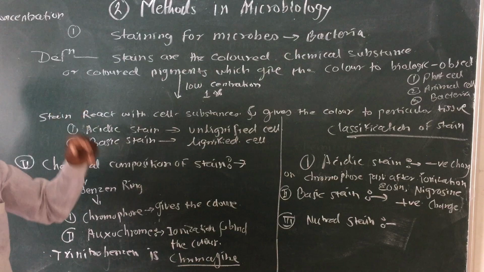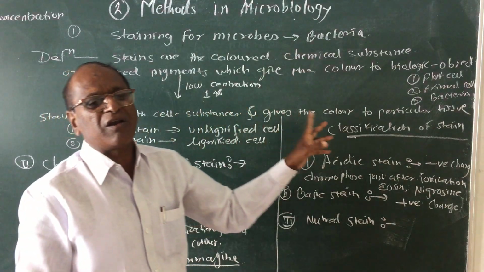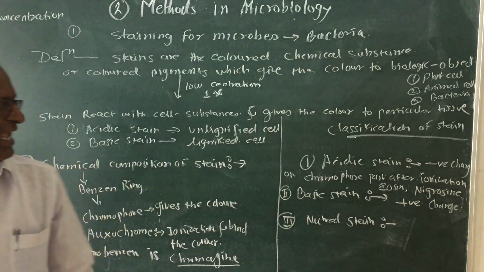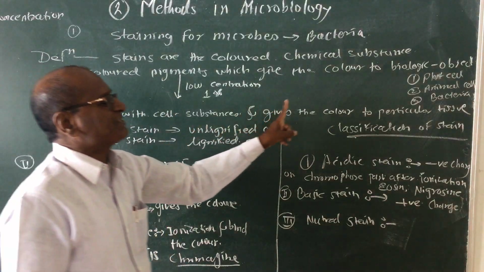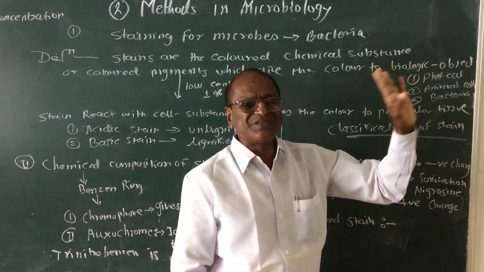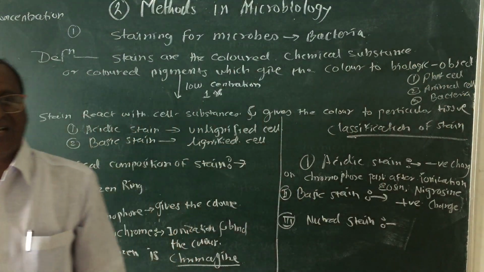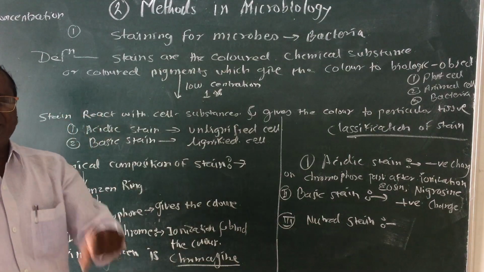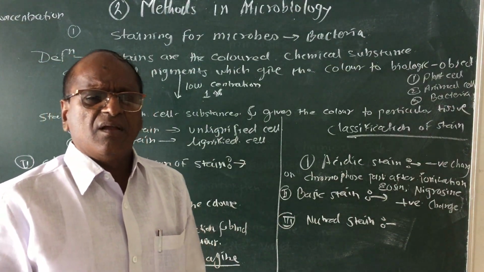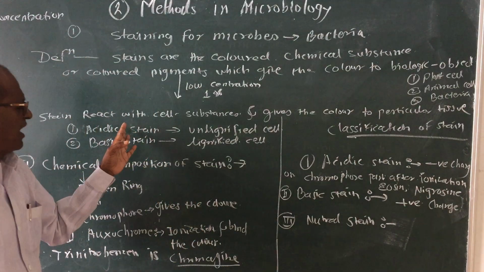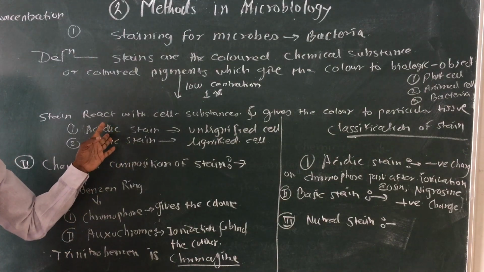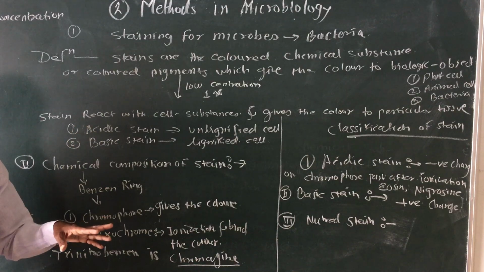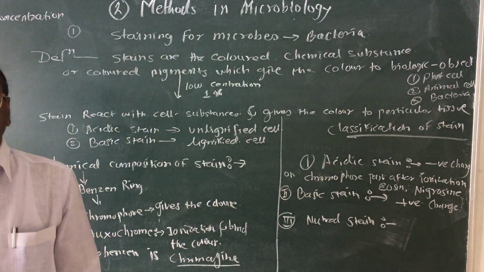Actually, this stain reacts with the cell wall substances or cell wall material and then gives the color to the particular tissue. Some stains may be acidic in nature and some stains are basic in nature.